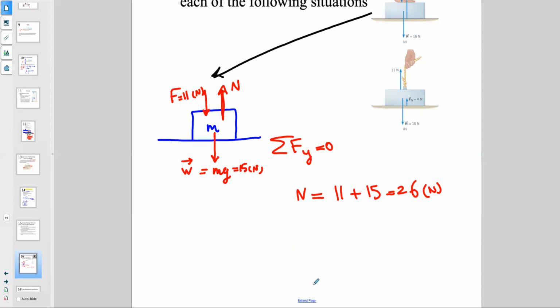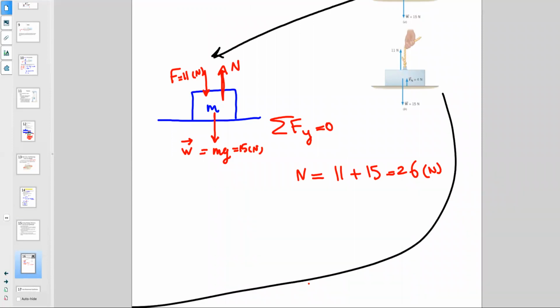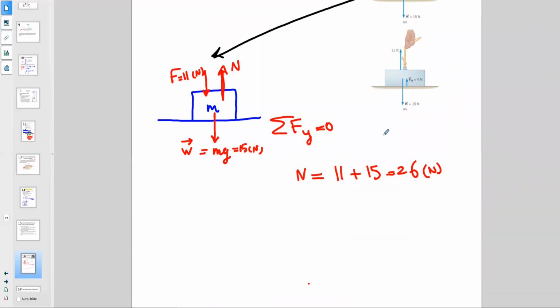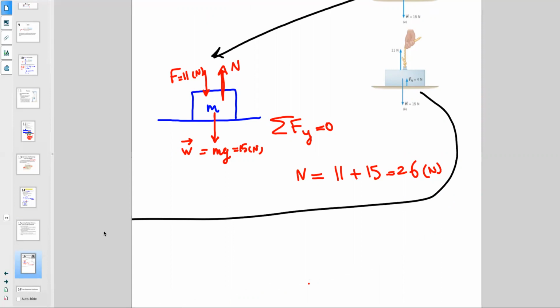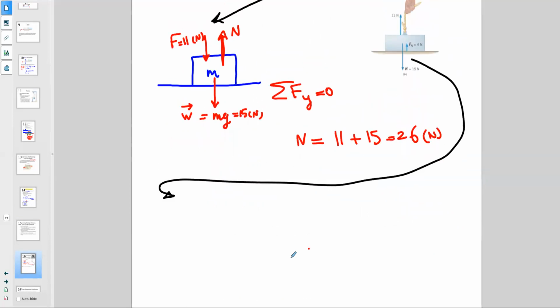Let's take a look at the second problem here. So in the second problem, what I have is another box, and the other box is located there, and it has the same weight.